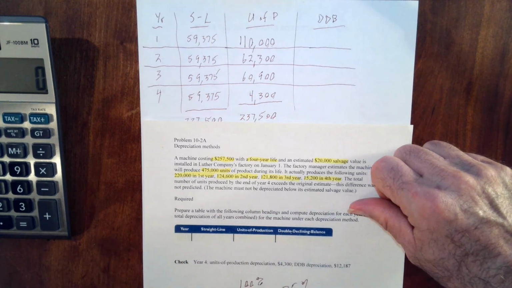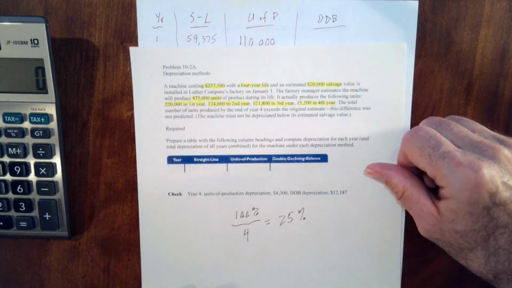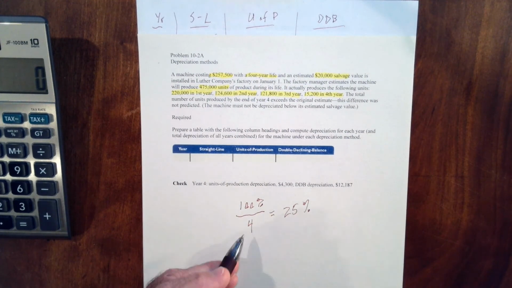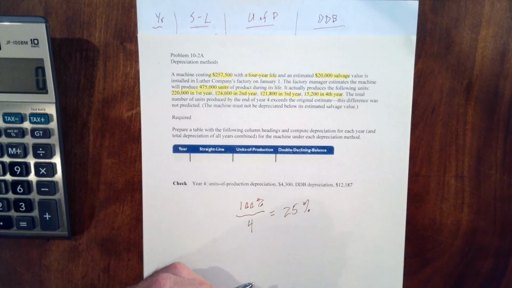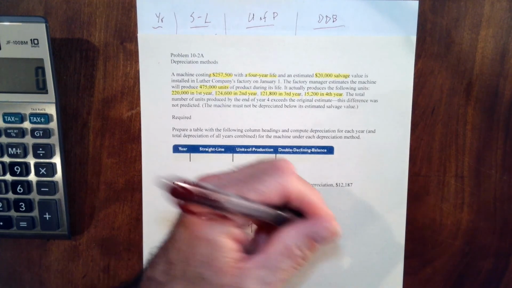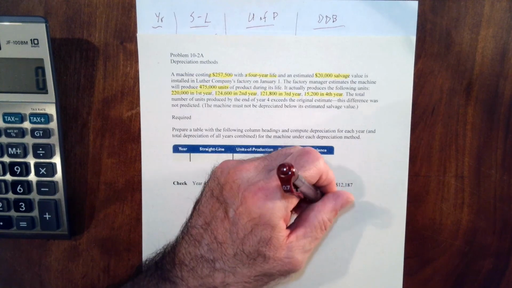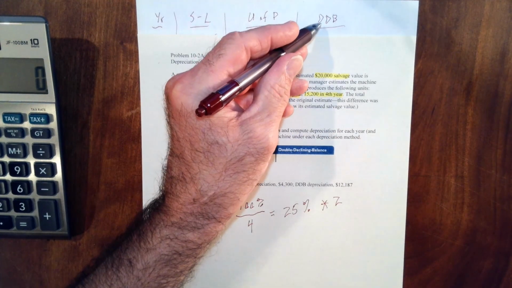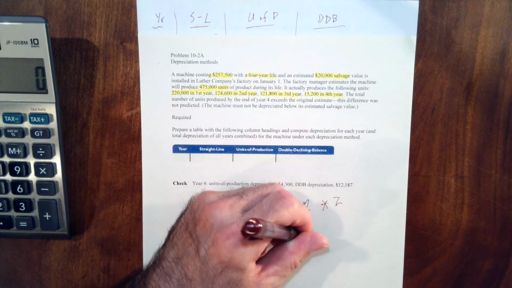And then double declining balance, sorry I didn't put this up here, you can see it. 100% divided by 4 years is going to be 25% every year that you're going to be depreciating. That 25% then is multiplied by 2. It's doubled. Thus the name double declining balance, and that's going to give me 50%.